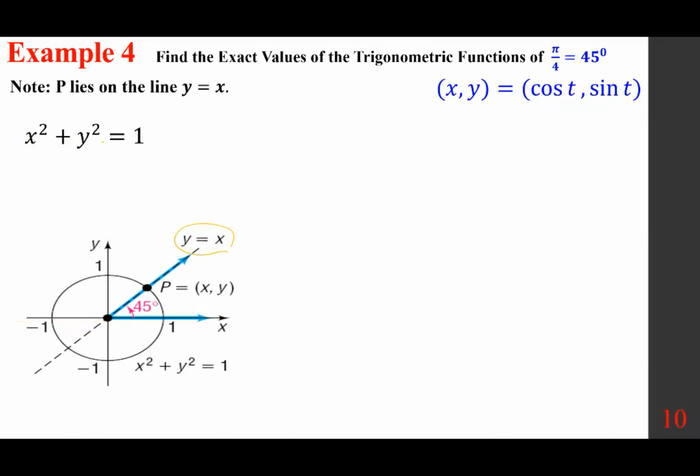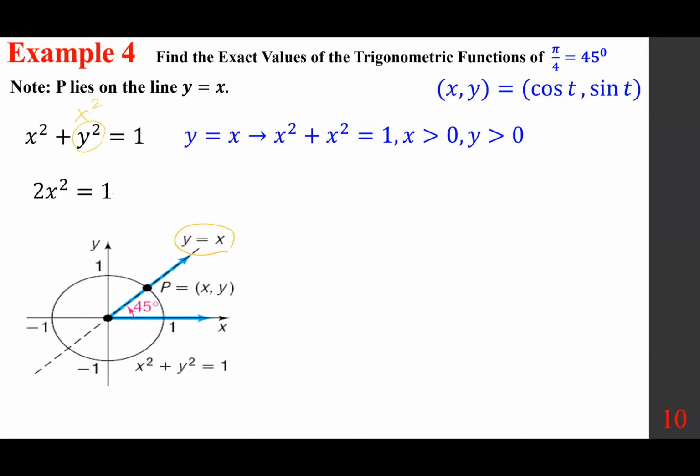Because of this, we can replace this with x squared. Now 2x squared, so y equals x, and x squared plus x squared equals 1, and both of them are positive. So 2x squared equals 1, which means x squared is 1/2, and x is the square root of that, or 1 over square root of 2, or square root of 2 over 2.